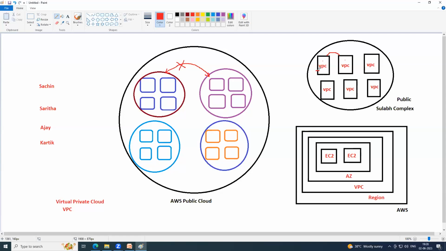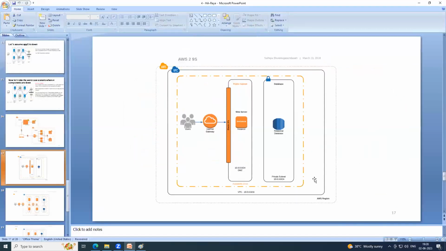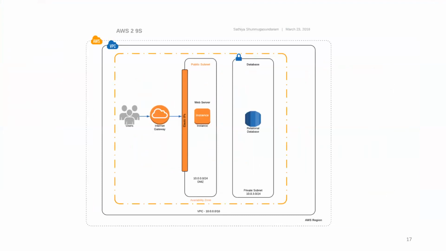So now you understood that you have a region in AWS, and inside the region you have a VPC. Now you have this diagram. You have AWS on top and inside this you have a region and some VPC. Tell me, is it highly available? No. Excellent.